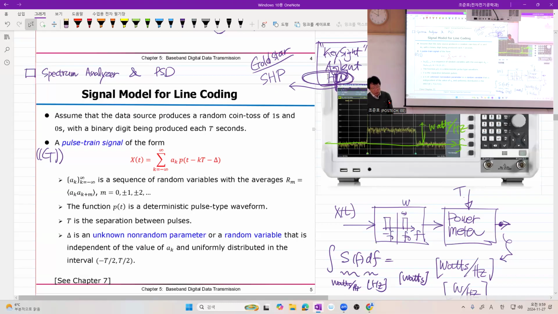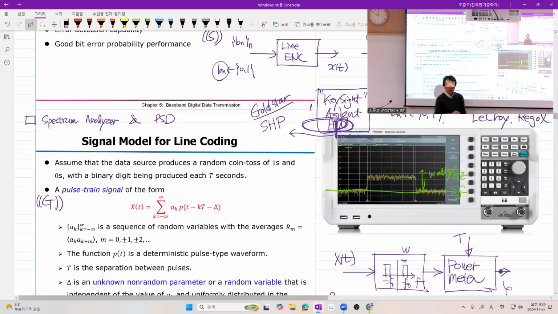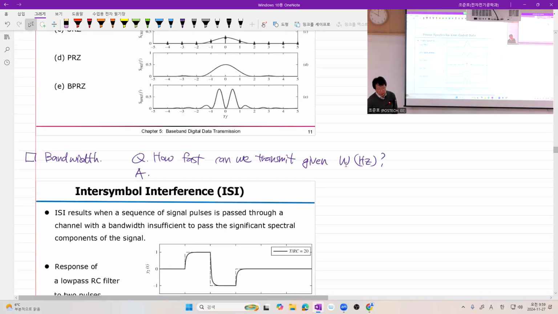Before, when HP and Gold Star manufactured these equipments, there were two equipments on the lab bench. One was the oscilloscope, and the other was the spectrum analyzer. So we had to purchase two equipments. But usually now we have only one. Why? Because this spectrum analyzer samples the signal. So if the sampled signal is directly displayed, it's an oscilloscope. So now HP and Keysight no longer have two different equipments.